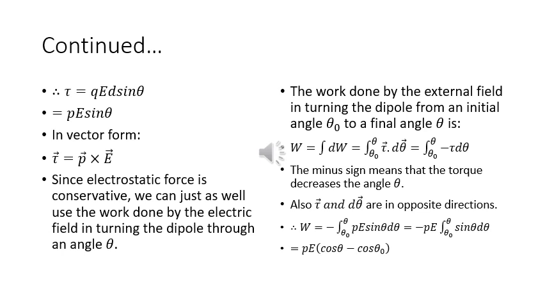The minus sign means that the torque decreases the angle theta. Also, tau and d theta are in opposite directions. Therefore, W is equal to minus integral theta 0 to theta P E sin theta d theta, which is equal to minus P E integral theta 0 to theta sin theta d theta, which is equal to P E times cos theta minus cos theta 0.